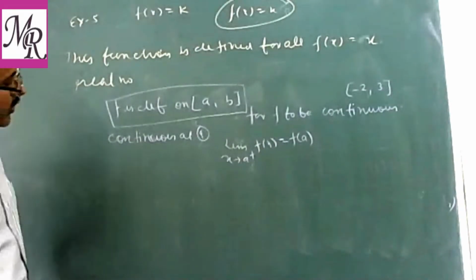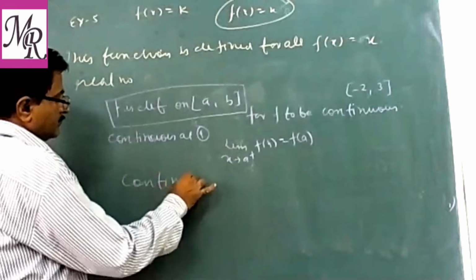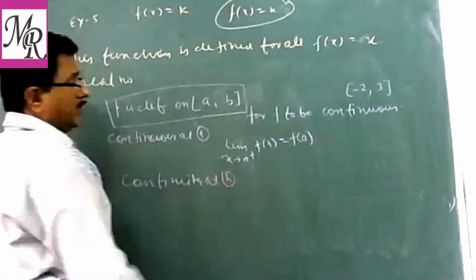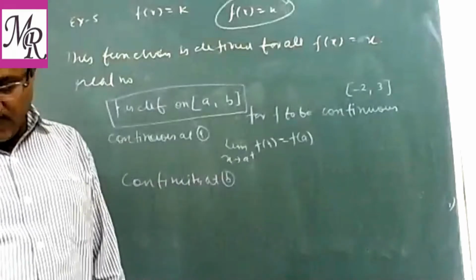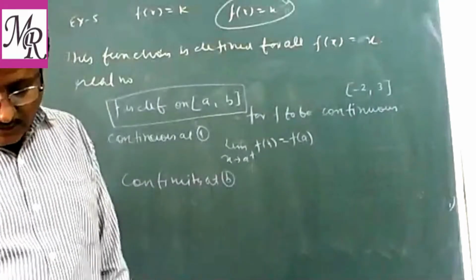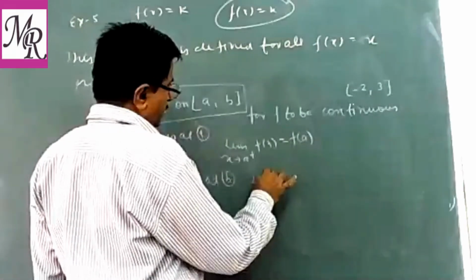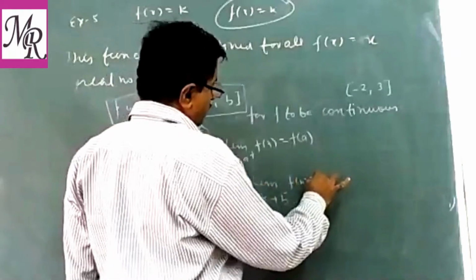Similarly, continuity of f at b. Similarly, if you want to check whether the function is continuous at the upper point, then the limit as x tends to b minus of f(x) should be equal to f(b).